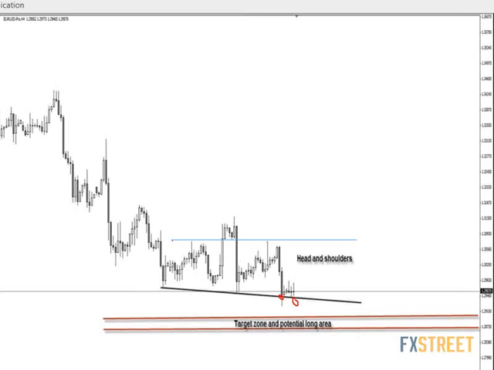I will draw a horizontal line here, and definitely the area for short entry will be this. So I trade head and shoulders by shorting into the top of right shoulder, because it will give me better risk to reward ratio, and definitely it's higher to the top than if it breaks a neckline.